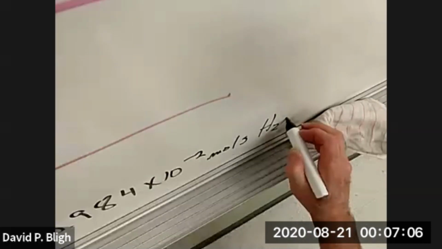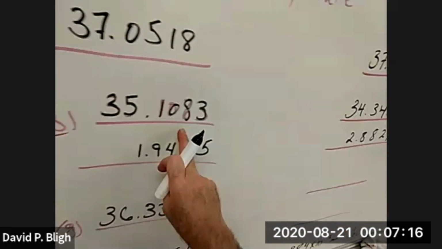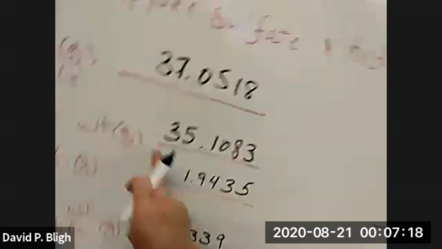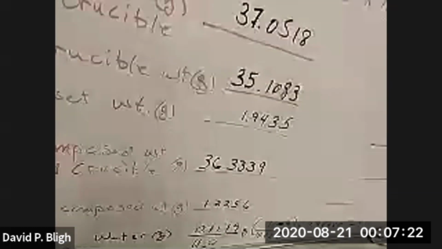Okay, but we want to ratio the number of moles to the mole of copper sulfate. Well, we can't do it with this one because it's wet. We don't know what the molar mass of this one is because we don't know how many water molecules are there. But we do know this one, the decomposed weight, is copper sulfate, no water. We say that as copper sulfate anhydrous. So we do know what that one is.